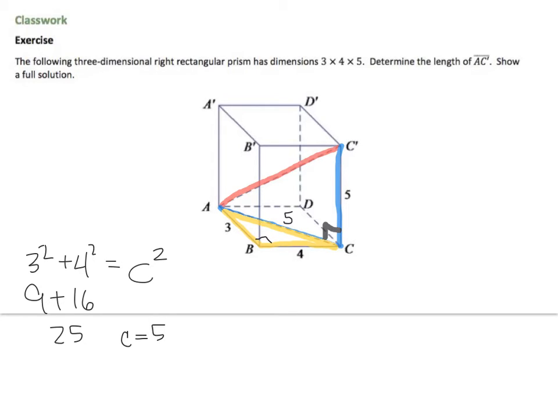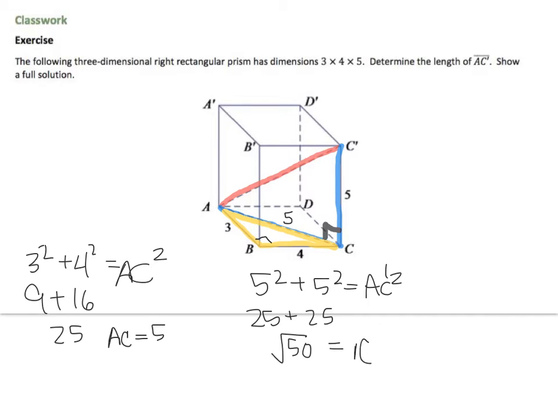Let's use that to figure out AC prime. So here our legs are 5 squared plus 5 squared equals AC prime squared. This was AC, I should be clear. 25 plus 25 is 50.